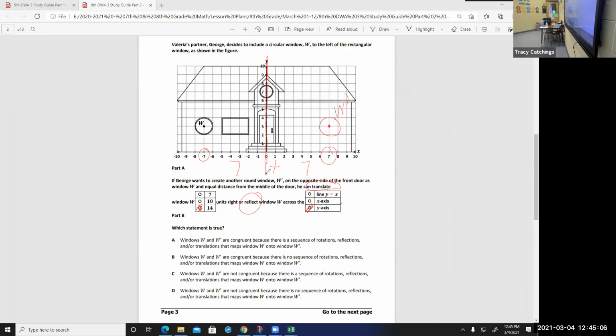All right, down at the bottom, they're asking us about true statements. The first one mentioned congruent shapes or not congruent. Will them ones be congruent or not congruent? They're going to be congruent. So we're going to get rid of C and D. And then A says, because there's a sequence of rotations, reflections, and translations. And B said there's no sequence of rotation, reflection, and translation.